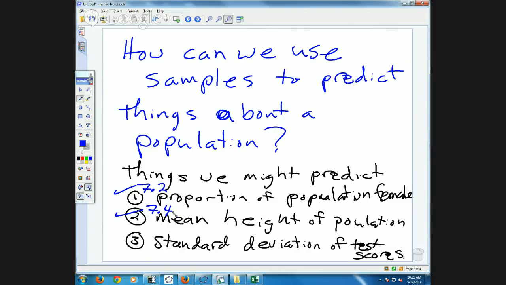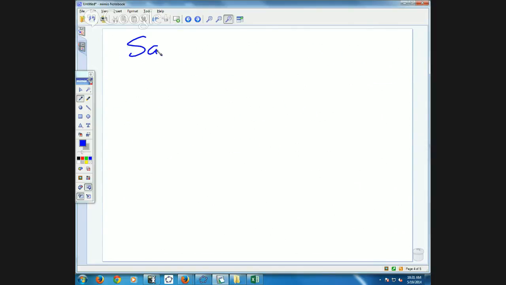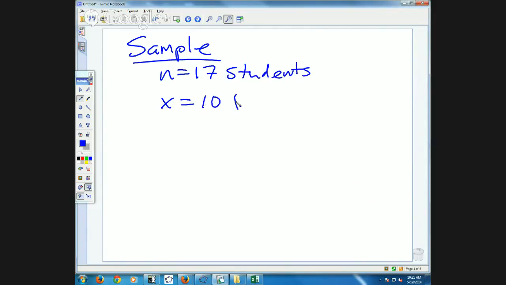So, we just took a sample. n equals 17 students. x equals 10 of them are female. That gives me a statistic called p hat, which is x over n.